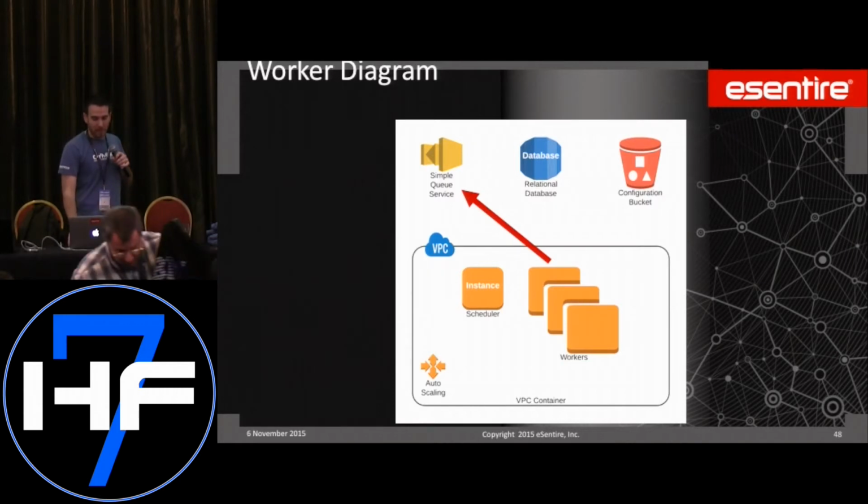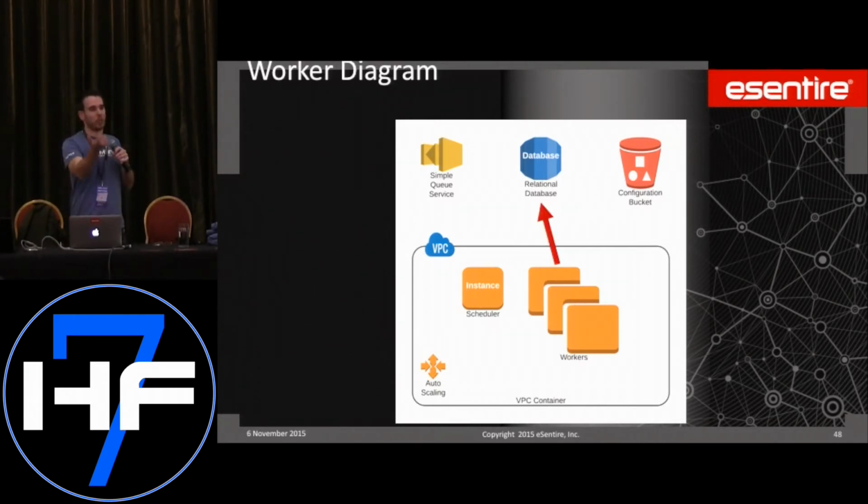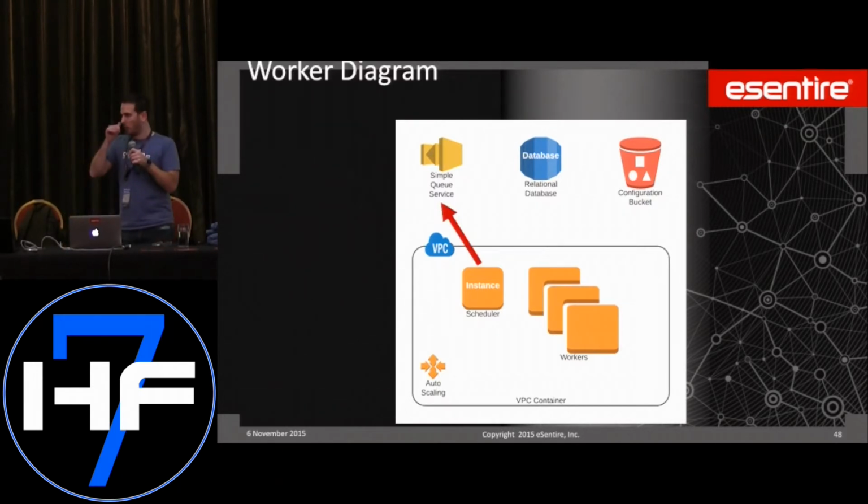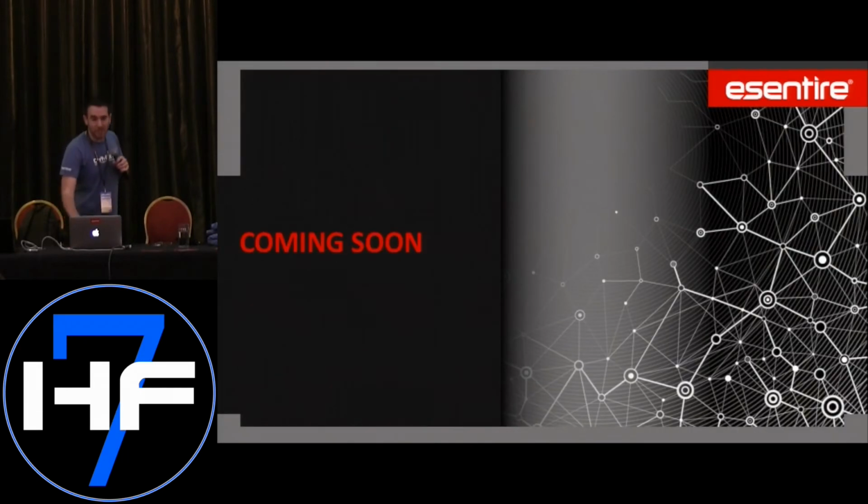So it'll pull the most recent job from the queue, do the processing, save the results to the database, and essentially connect back to the queue to pull the next job. So this is pretty much how the worker does all its fancy stuff. Very easy, but also because we broke down all these components, it's also highly scalable.